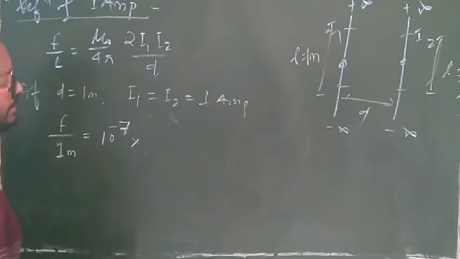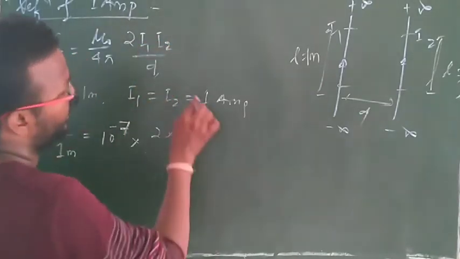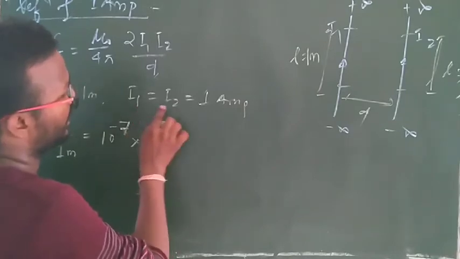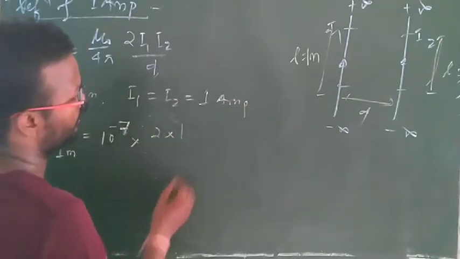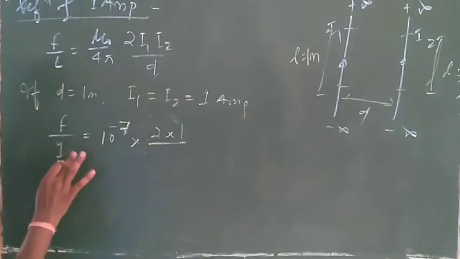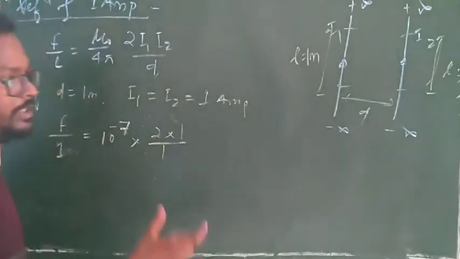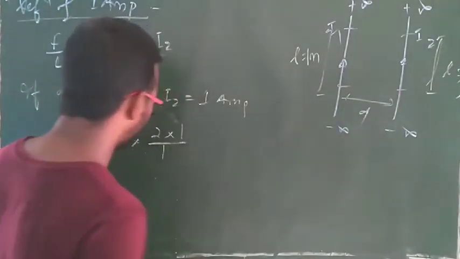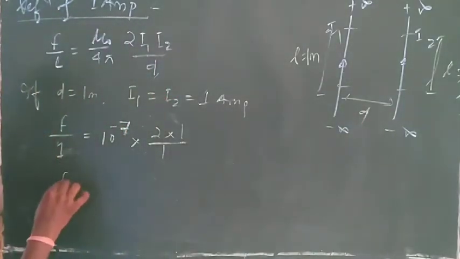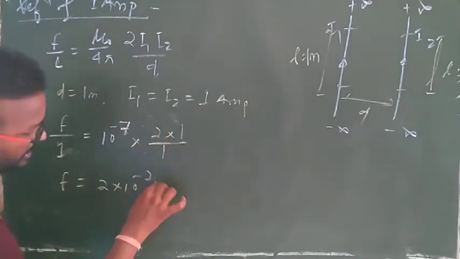With I1 I2 equal to 1 ampere and d equal to 1 meter in free space, F equals 2 into 10 to the power minus 7 Newton.